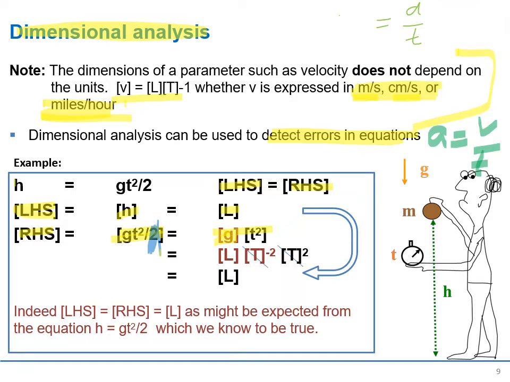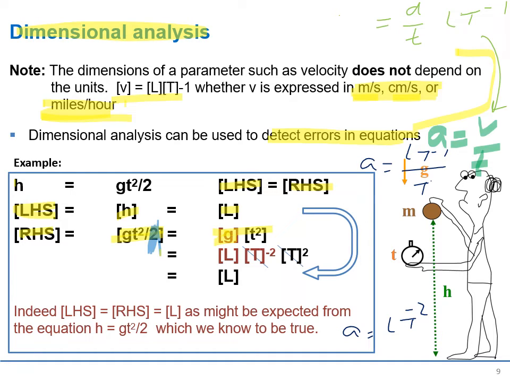If you plug in the dimension for velocity, you have L T to the minus 1. So you get acceleration as L T to the minus 1 divided by T. That means the acceleration has the dimension of L T to the minus 2.